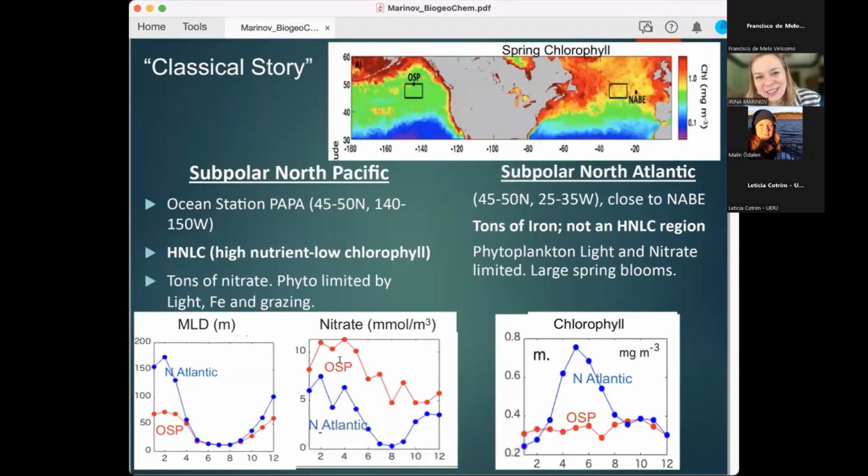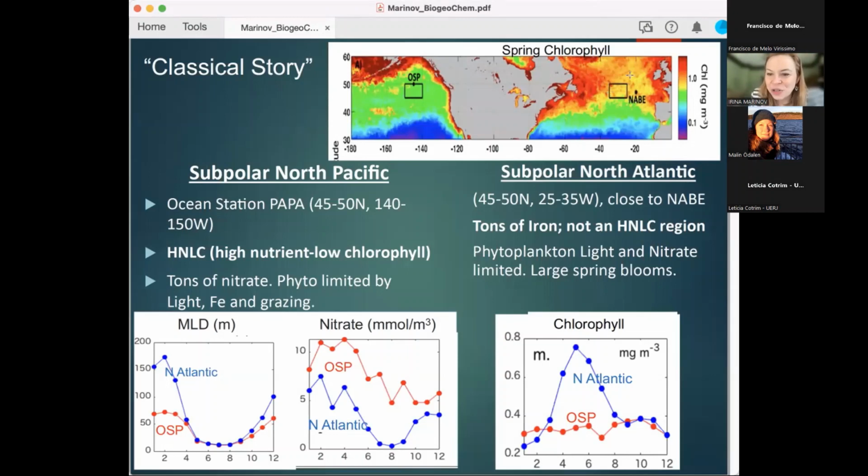The classical story is that there are big differences in physics, and therefore in ecology, between the subpolar North Pacific and the subpolar North Atlantic. This is Ocean Station Papa, which is a high nutrient, low chlorophyll (HNLC) environment. And this is a region along the North Atlantic where we are supposed to have tons of iron.